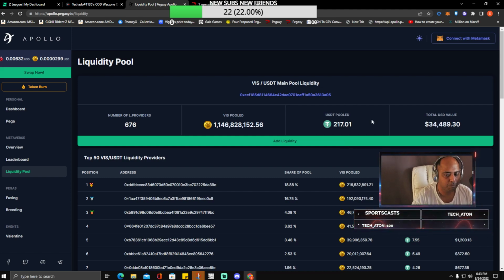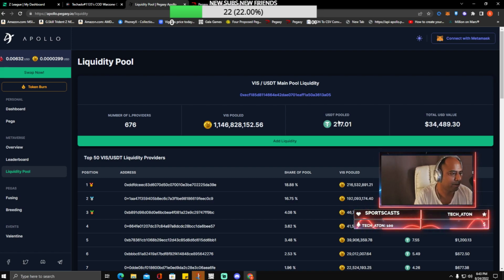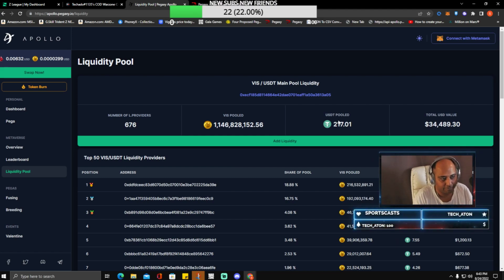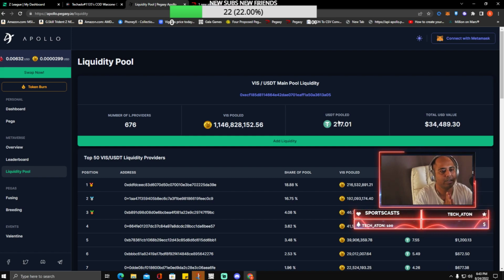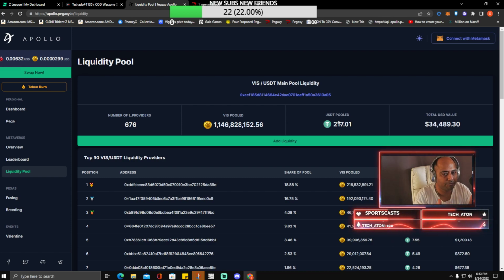Now, if this pool becomes zero, a person who has VIS in their wallet would not be able to exchange anything, because in the pool there is nothing left. To understand this concept in depth, you have to understand that this sort of liquidity pool doesn't exist in regular finance.